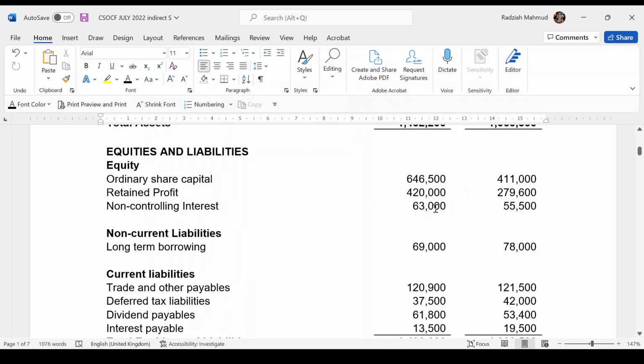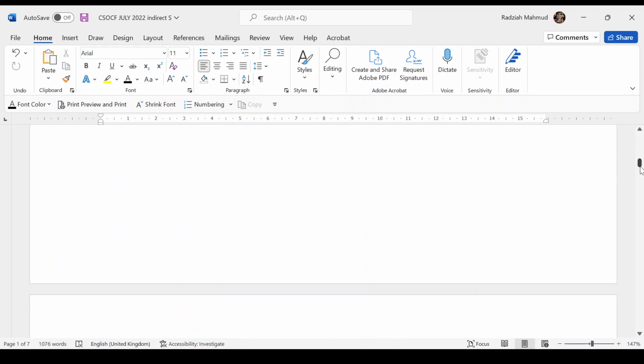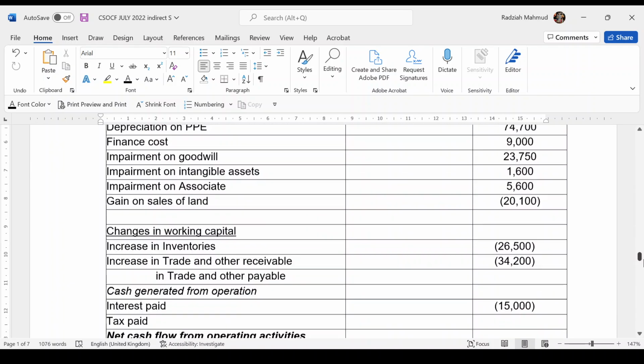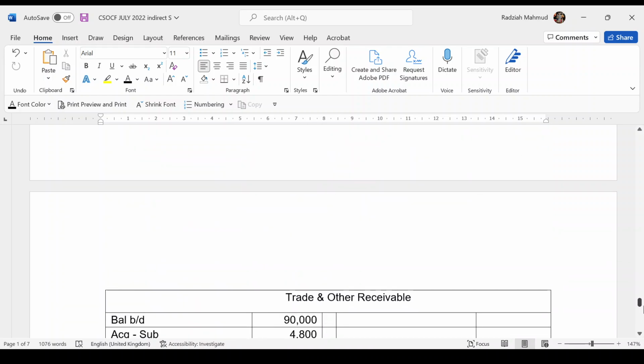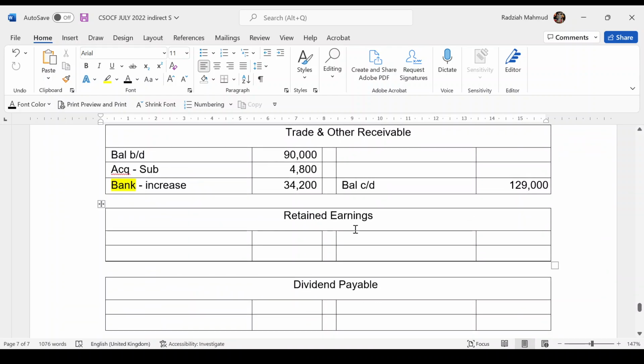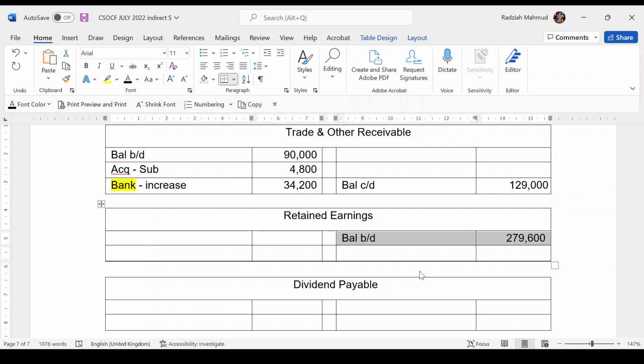Normally we will open a retained profit account to find something else. This is reserve, so balance b/d will be on the credit side, balance c/d will be on the debit side.